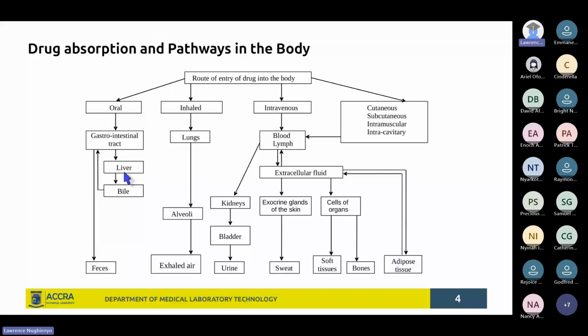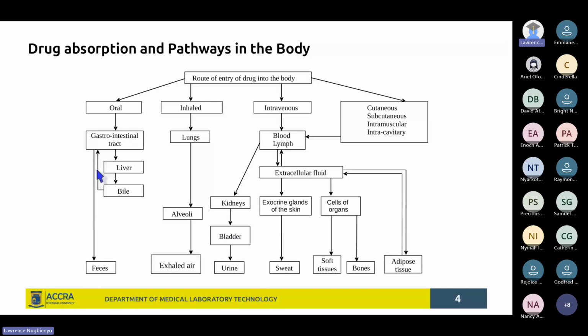And one of the ways it does that is for it to now store it in the bile, in the gallbladder. We saw that structure looking at the gallbladder, which was embedded in the liver. And from the gallbladder, you have the bile, which is excreted into the duodenum, which means back into the gastrointestinal tract.